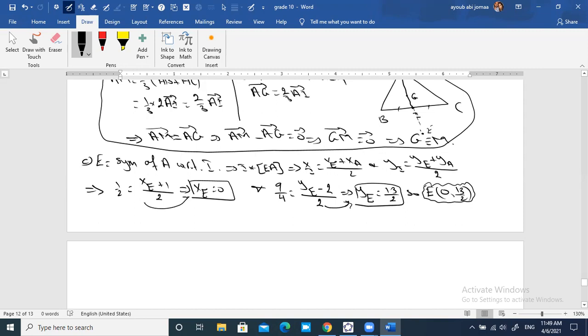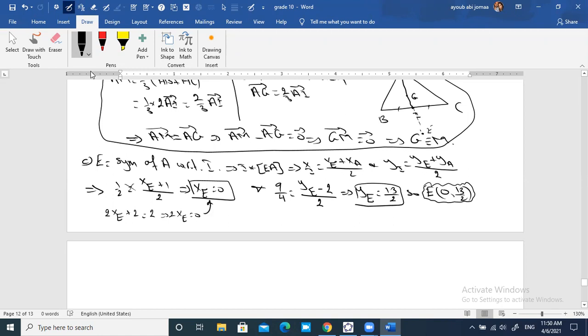Yes sir. Okay. Honestly, here I skipped a step. Use the cross product. Then 2xe plus 2 is equal to 1 times 2, which is 2. Then 2xe is equal to 0, and so xe equals 0.